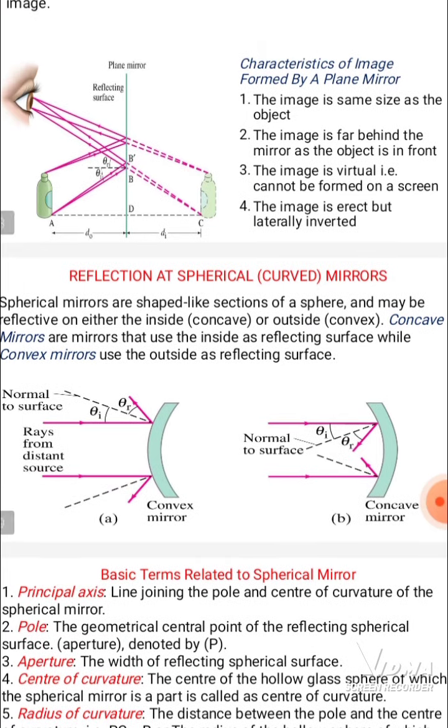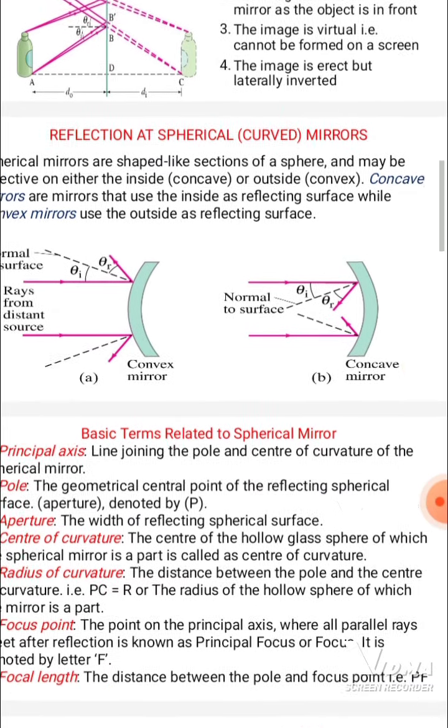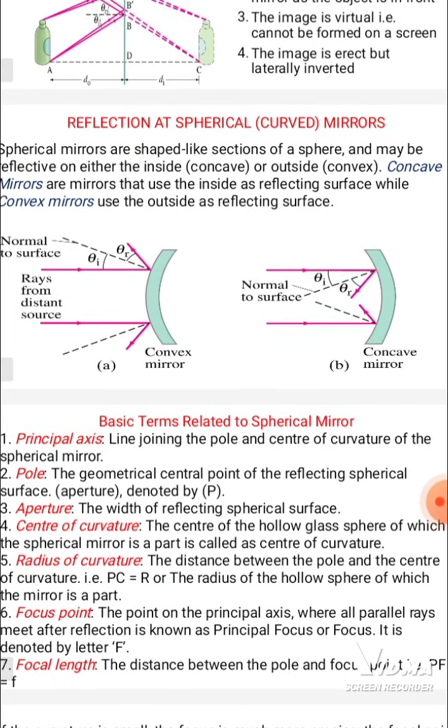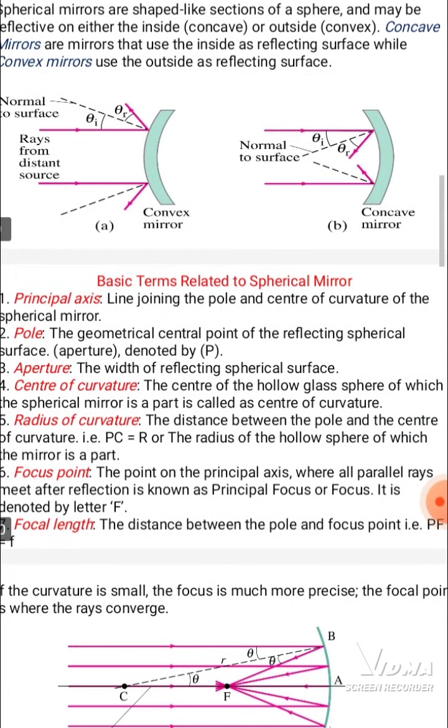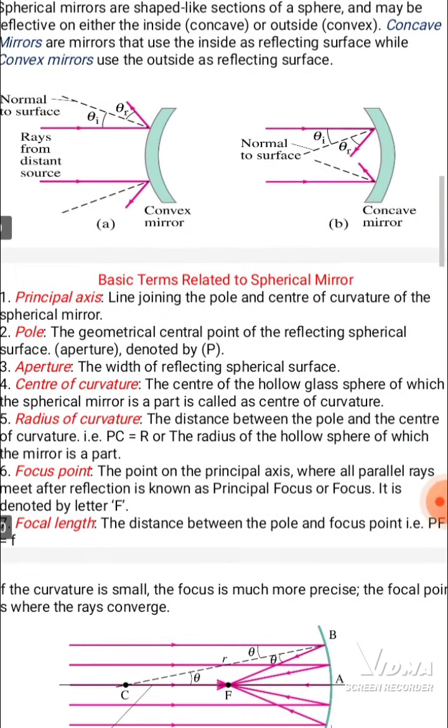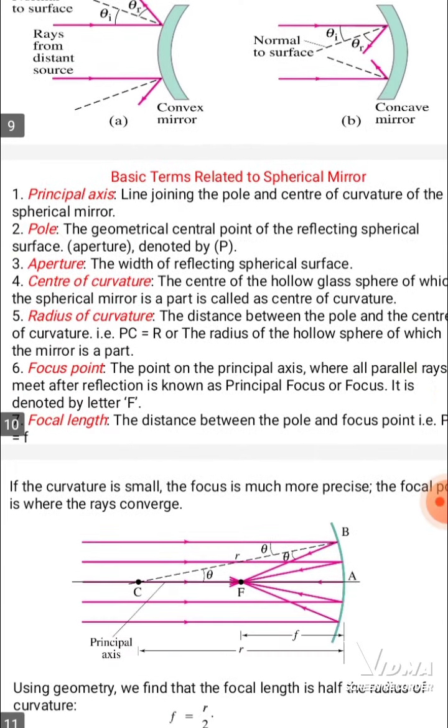Then the focal point, also called the principal focus, F. It is the point on the principal axis where all parallel rays meet after reflection.